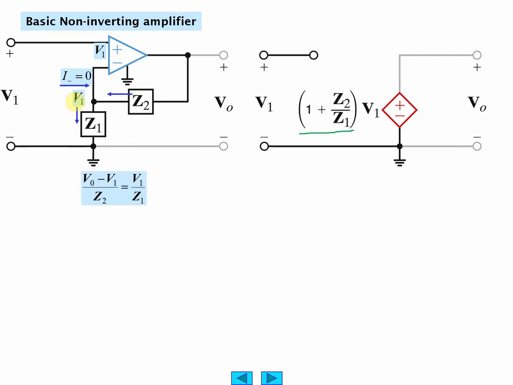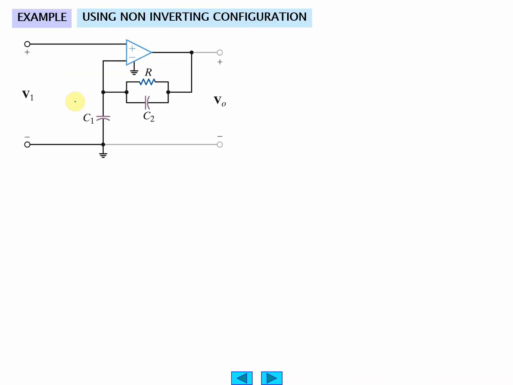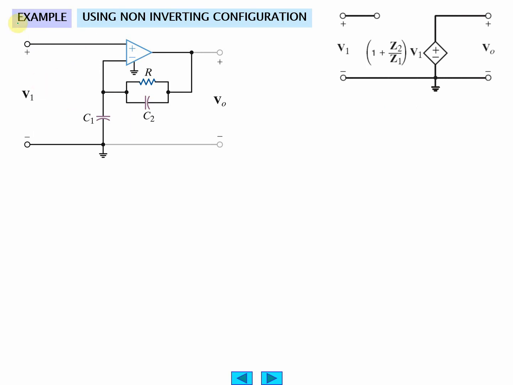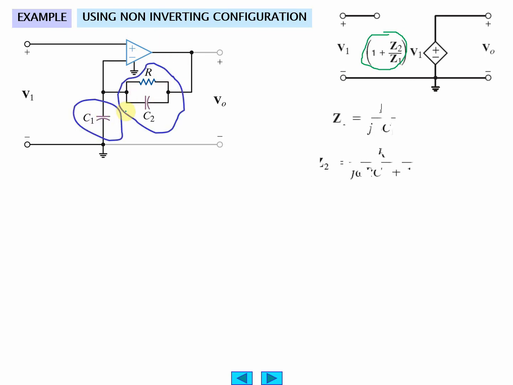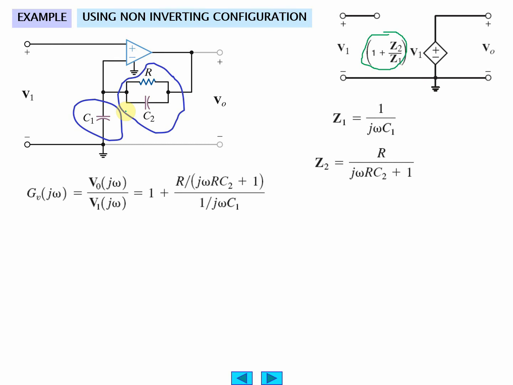Okay, so now we analyze this and we get the equations just like we got before. This is what we got before, and here's using the non-inverting configuration. We take our formula and plug and chug, Z2 over Z1, and we get this.